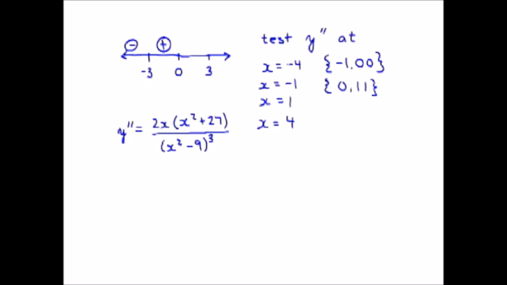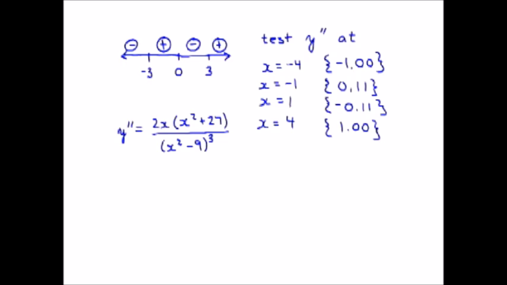When I substitute x equals 1 into y double prime, I get negative 0.11. So I know my function is concave downwards from 0 to 3. And then when I substitute in my last x value, x equals 4, into my second derivative, y double prime, I end up with 1.00. So I know my function is concave upwards from 3 to infinity.